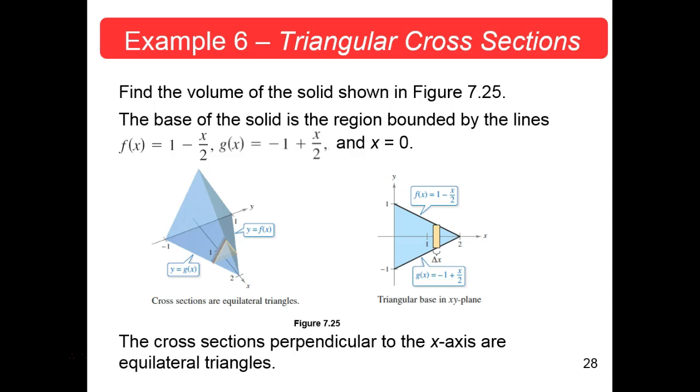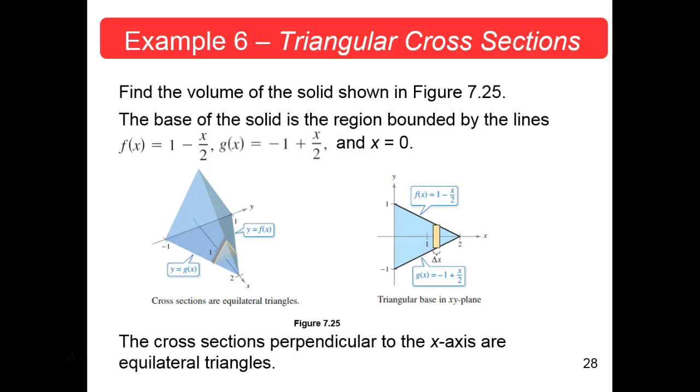They're just telling us the cross sections are equilateral triangles, because this could have been a real shallow thing or a real steep thing. We know the base is the same on this side as on this side, and the height is whatever it takes to make those two sides the same. They just showed us in the picture and said the cross sections are equilateral triangles. Not going to argue with it. That's what the cross section is.